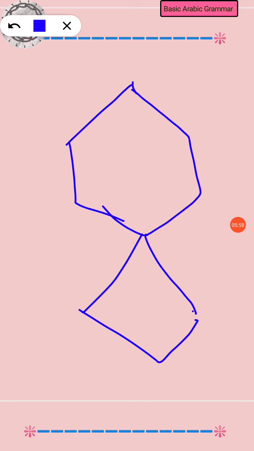There are 8 subcategories of Ghair Munsarif Asma, and over here we have the names of countries and cities. For example, Makkatu, Makkata, and Makkata. We're going to cover all these and have a look at what I've written above, but just to get an overview of how many subcategories there are.